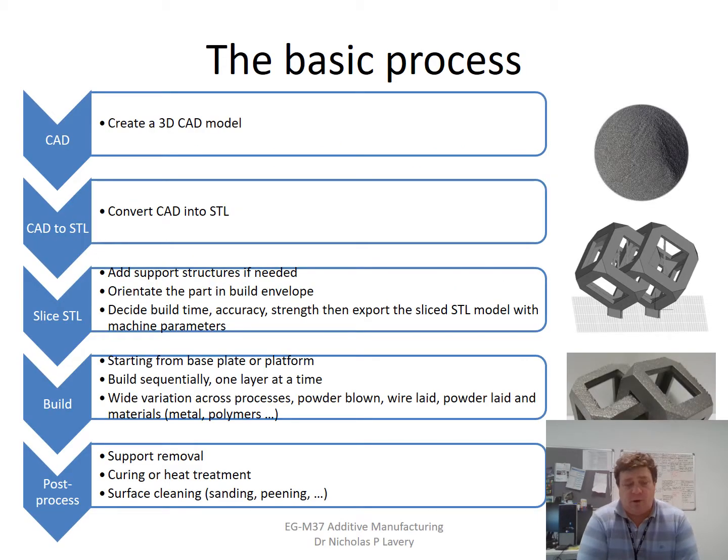If we recall, and you will have seen this a few times now throughout the course, additive manufacturing is based upon starting from a 3D CAD model. We need to convert that CAD model into a format which is acceptable for the slicing software. Typically this is the STL.